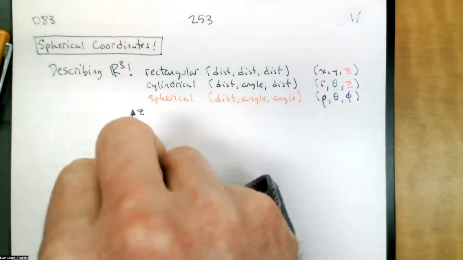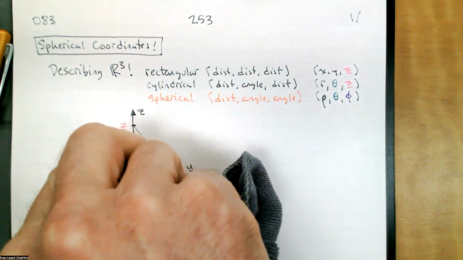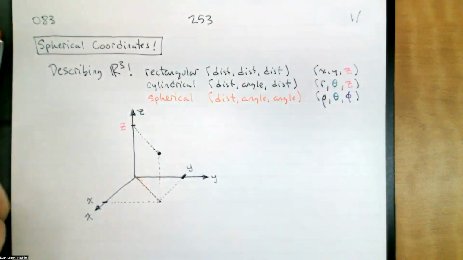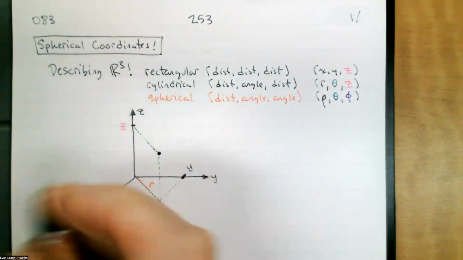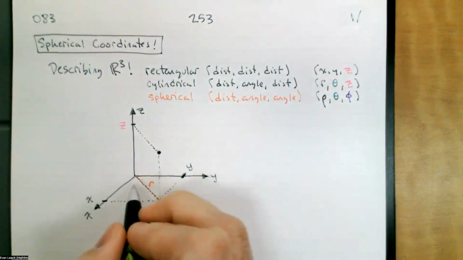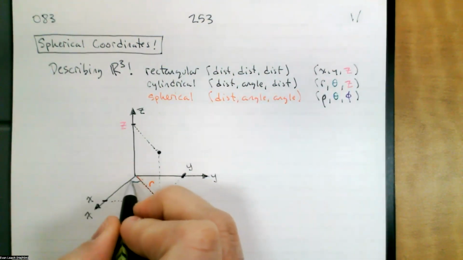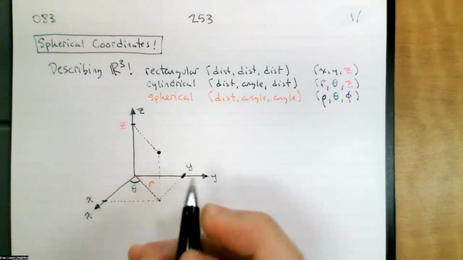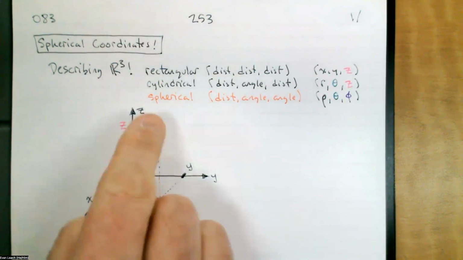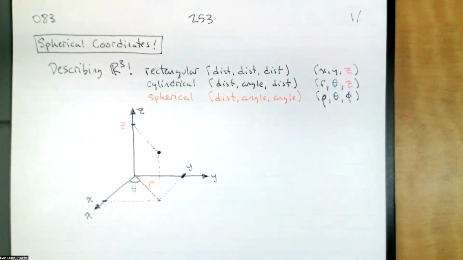Every semester, same thing. R. Theta is the angle in standard position, so measured from the positive x-axis. And z is the same thing that we use in rectangular coordinates. So it's the same z.